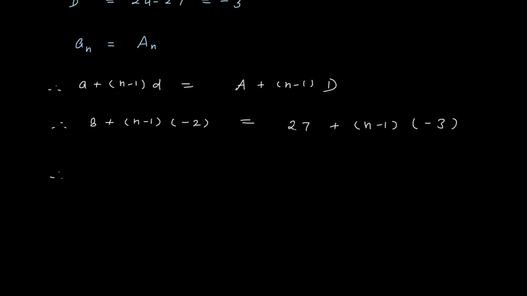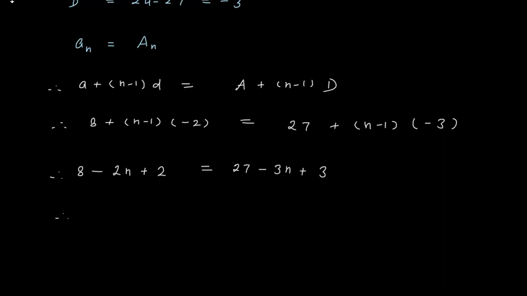So we open the brackets on both sides. Here we have 8 plus minus 2 multiplied by n, which gives a negative number, so 8 minus 2n, and then minus minus plus 2, is equal to, on the right hand side, 27 minus 3n plus 3.